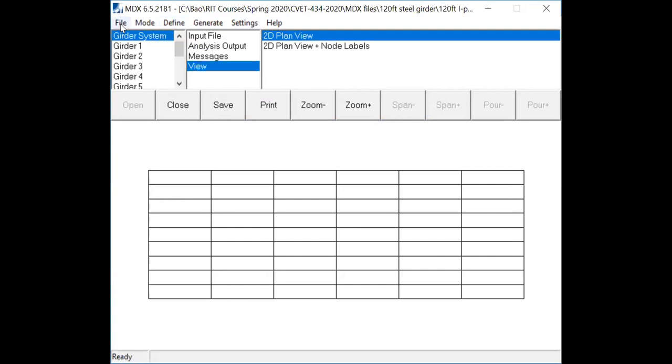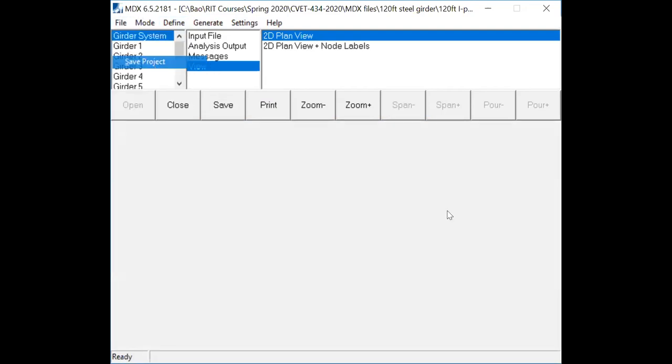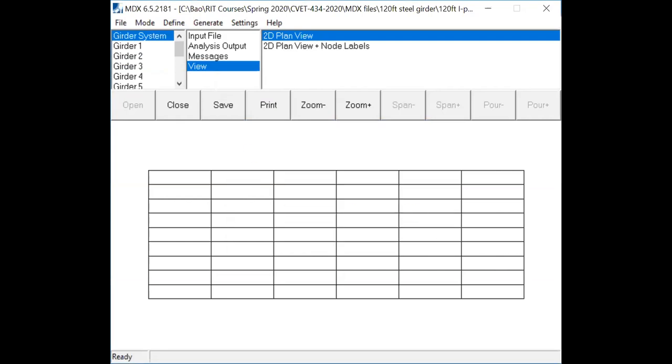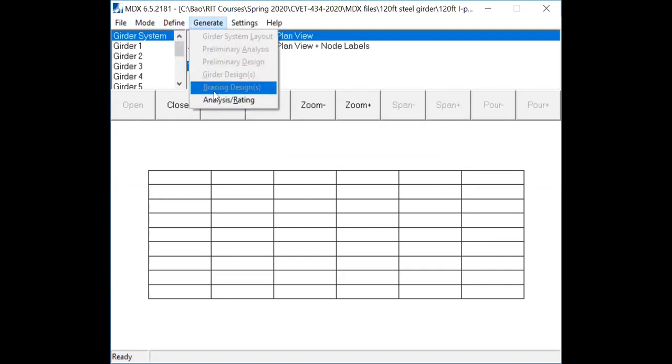So now I want to save the project. Okay, save the project. Then after you finish all those define, finish loading, you see the generate analysis rating becomes active.